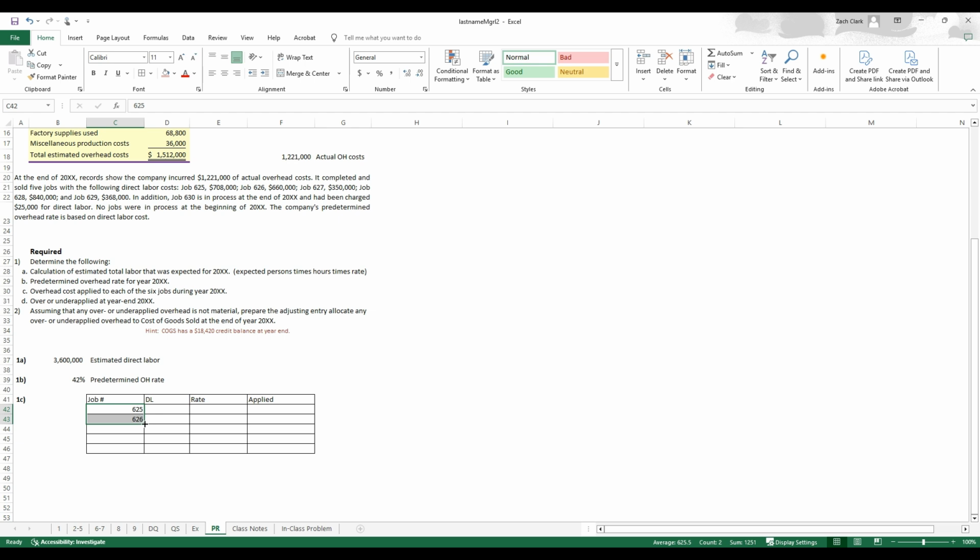One way you can do this if they are all sequential is just to drag that down. I'm going to align those to the left side just to make this clean. Okay, I'm going to align these to the right side because the numbers when we show in the accounting format will be there. And it asks us for the overhead cost applied. Let's do it. We're going to have a summation, a total.